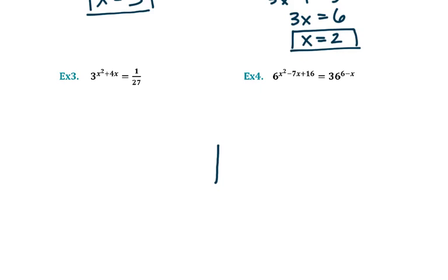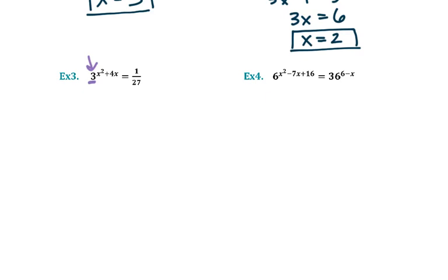So examples 3 and 4 here become a little more complex, so we just want to make sure we know what we're paying attention to. Example 3, I have 3 raised to a quadratic power, x squared plus 4x is in the power, equal to 1 over 27. So on the left, when I see that 3, I'm thinking, okay, base 3.